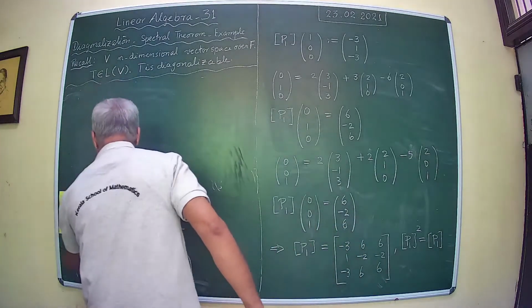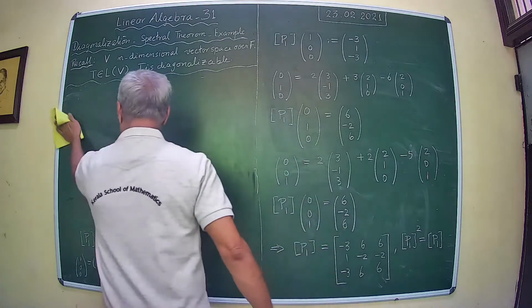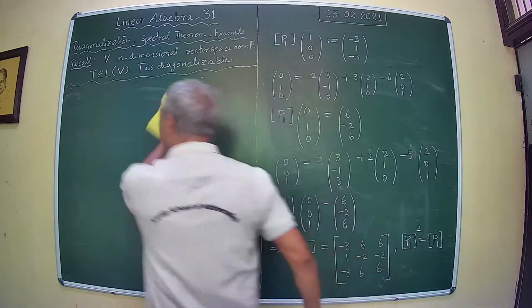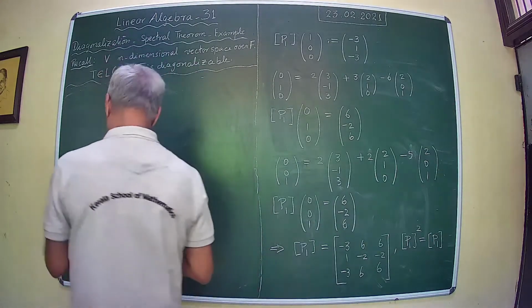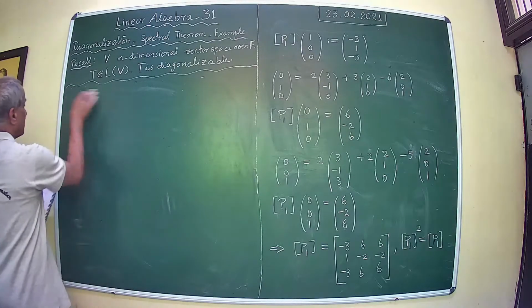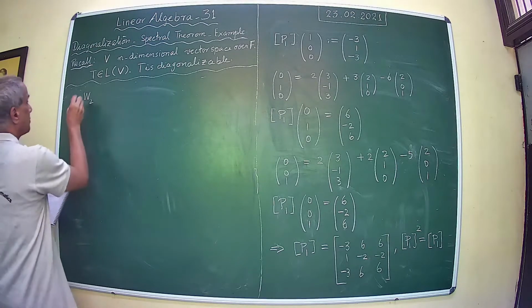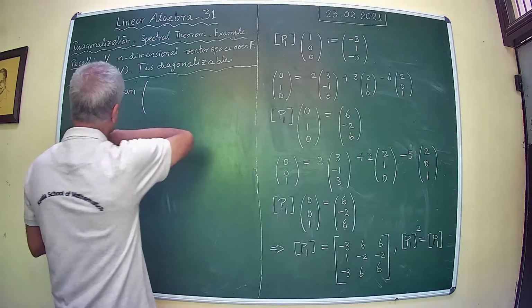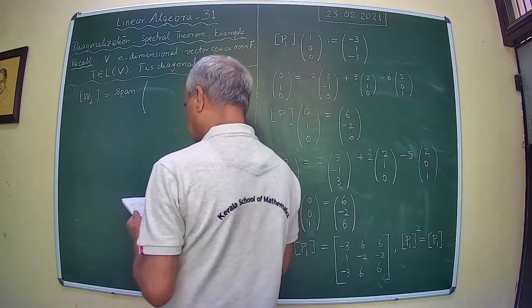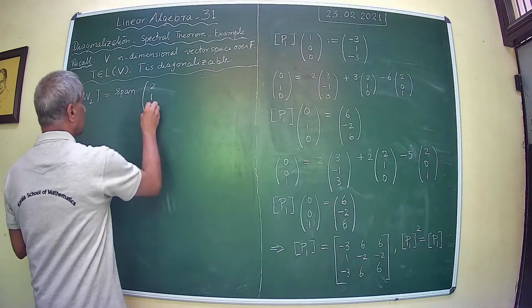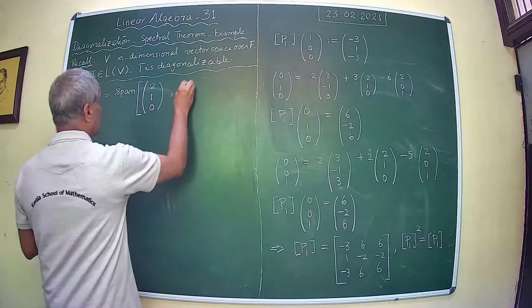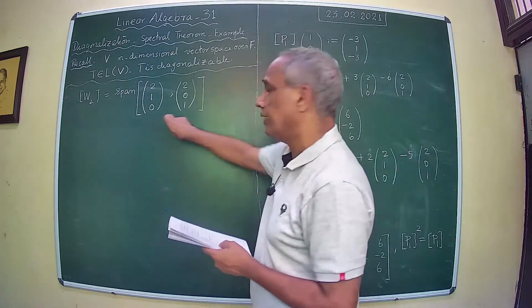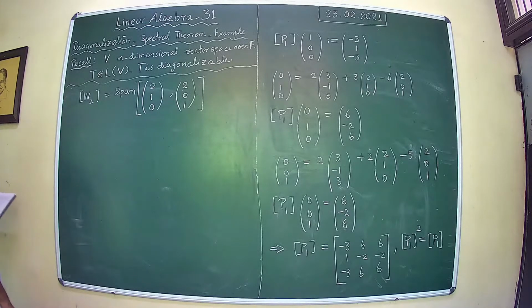Now you see W2 is spanned by the vectors 2, 1, 0 and 2, 0, 1. Each is an eigenvector associated with the eigenvalue. Therefore, now what is P2?